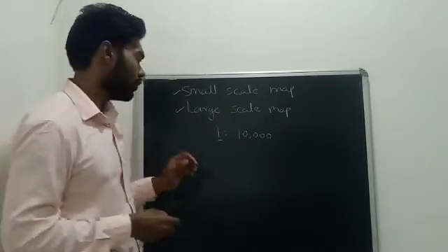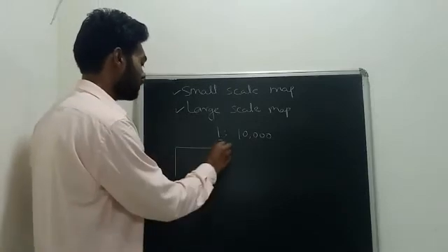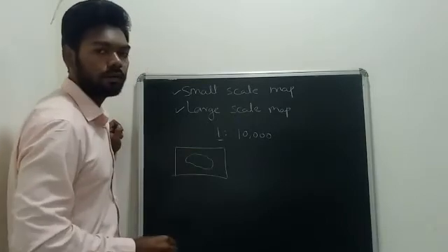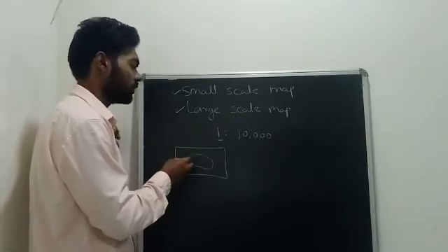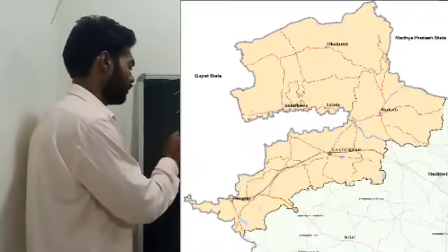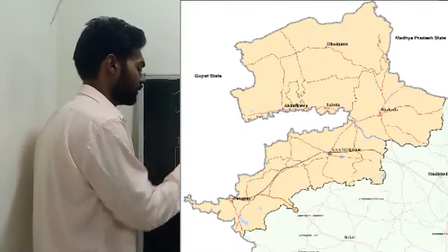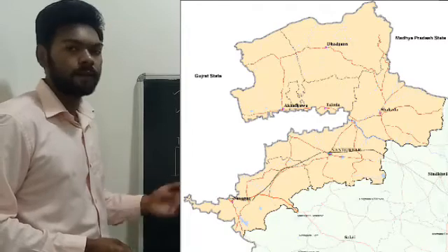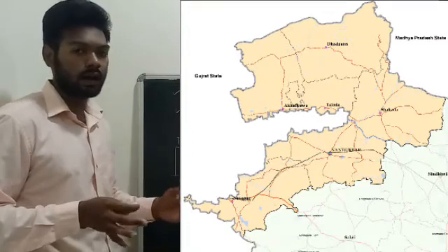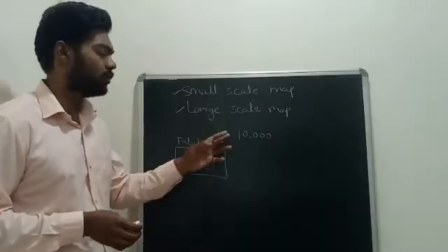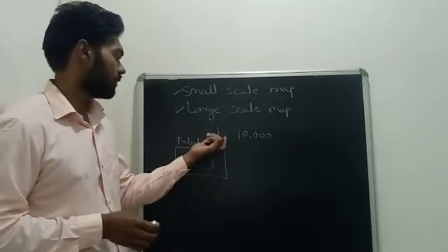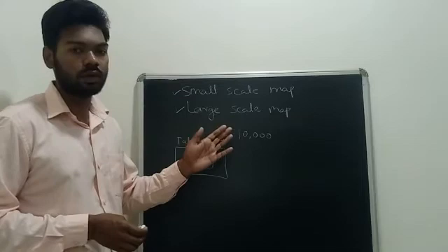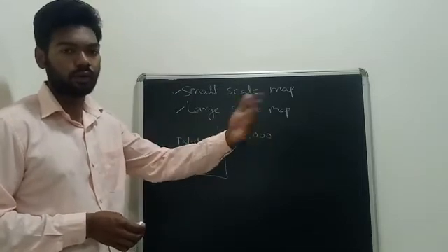Now let me show you how. On this paper I can represent the area of a taluka, or a small city like Shahada. We can show entire Shahada in this much place, and we can use a scale like 1 centimeter is equal to 500 meters or 1 kilometer.